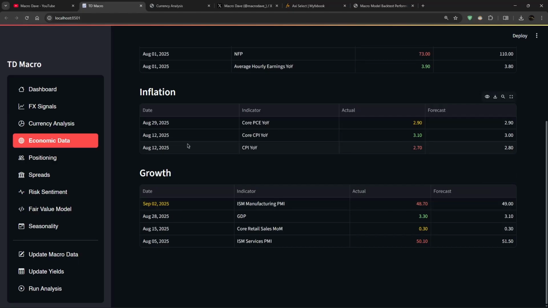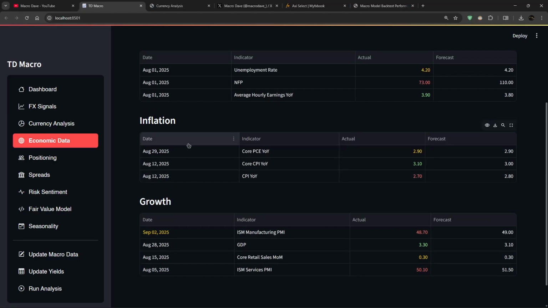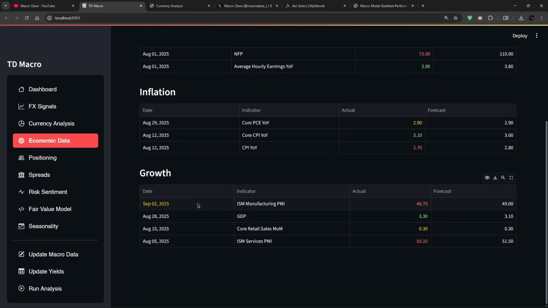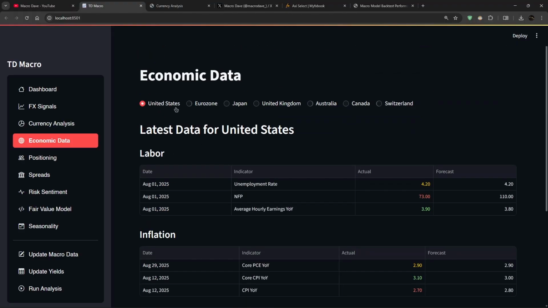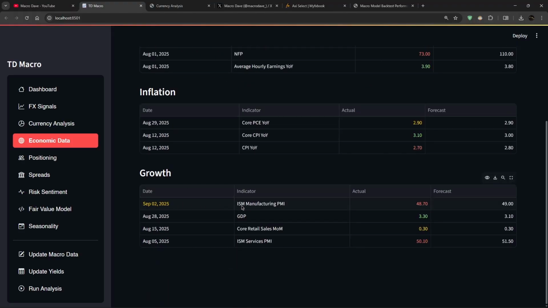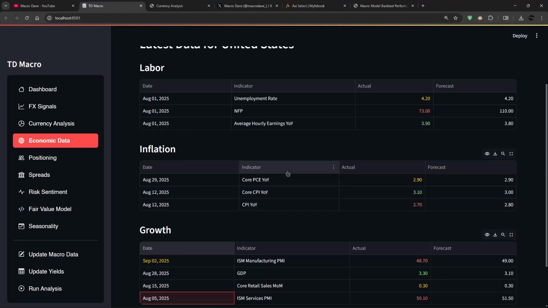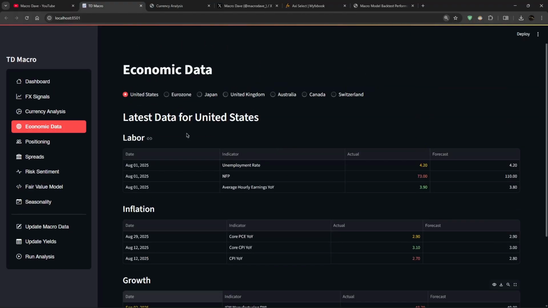If it's white, it means it was released the previous month or the month before that. More important data should get more weight than older data. We're looking at the United States, and the most recent data was ISM manufacturing PMI, and it was a miss. So this should get more attention than something like ISM services PMI, which was last released over a month ago.